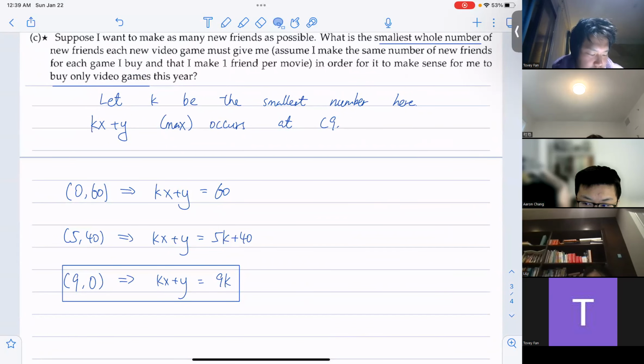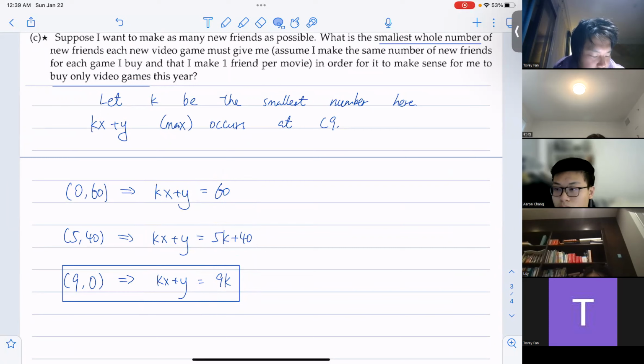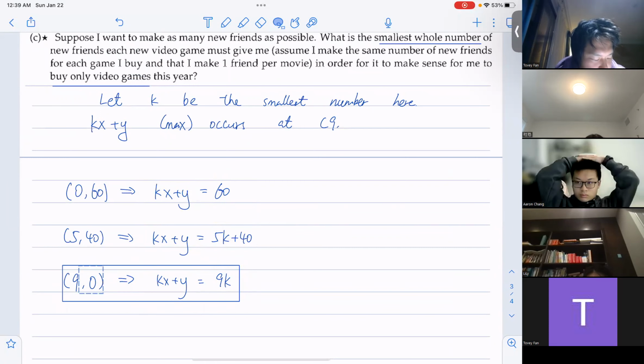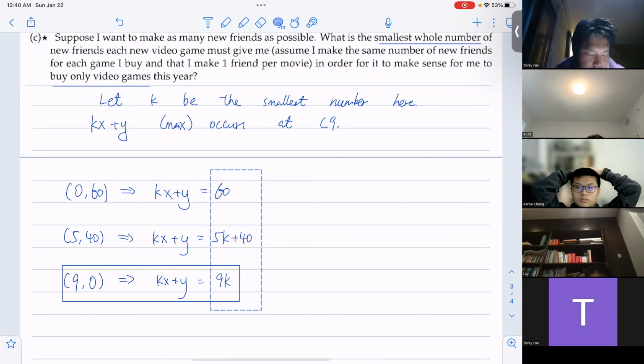These are the number of friends, remember? kx plus y is the number of friends here. If the last solution, 9, 0, gives us the most number of friends, what does it imply in terms of these numbers?